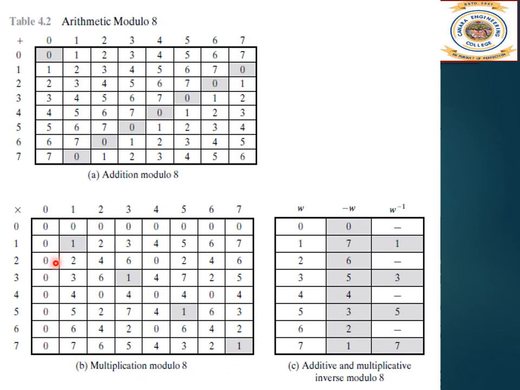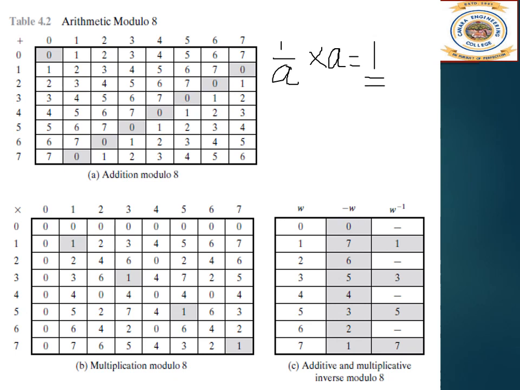Again we check this table. In the normal way, we write 1 by A into A, and I get 1, correct? Similarly here also I should get the answer 1, but it is not 1 by A here.